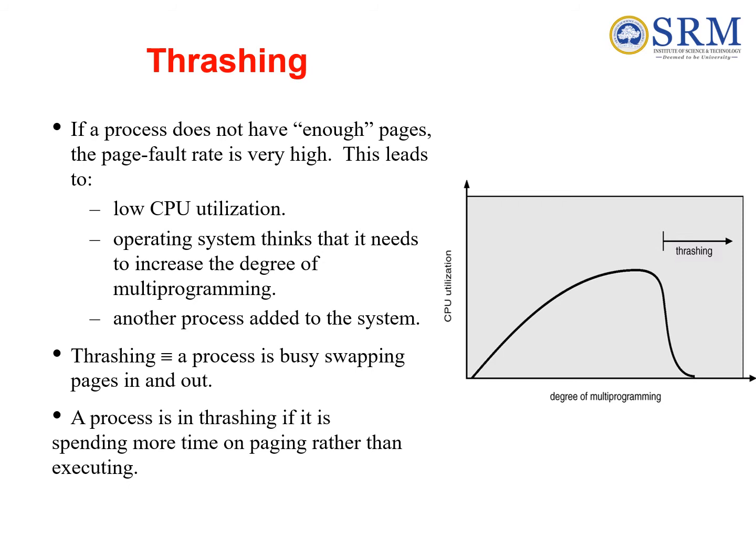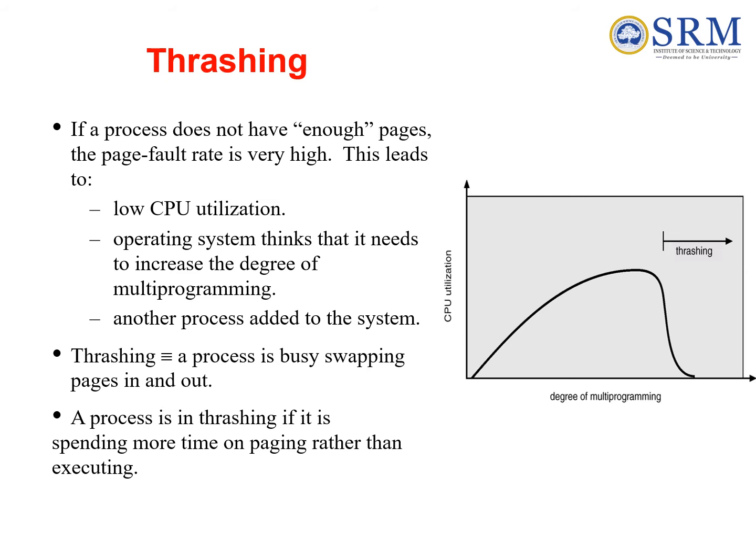In operating systems in general, when we increase the number of processes in a system, it increases the degree of multiprogramming. We are already aware of that, right? When the degree of multiprogramming is increased, the CPU utilization also increases drastically. At a certain point, all the pages reside in the main memory and those frames are fully loaded.